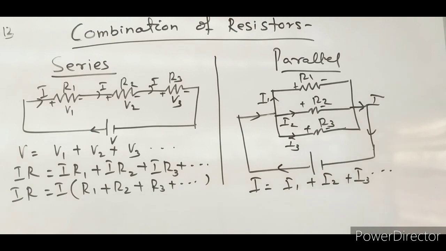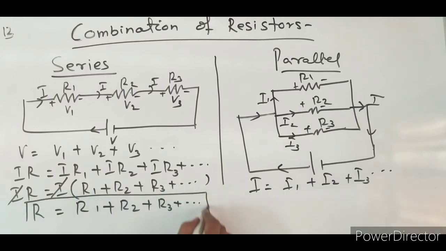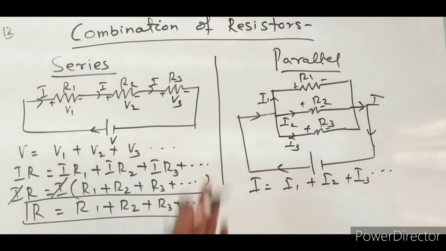This will continue like this. Then this I will cancel. So R equal to R1 plus R2 plus R3 and so on. So what will be the effective resistance in a series? The effective resistance in a series is R1 plus R2 plus R3, depending on how many resistors there are. It goes on like that.